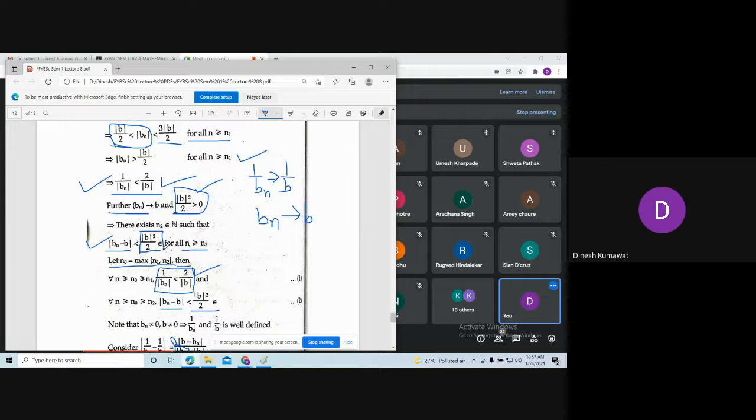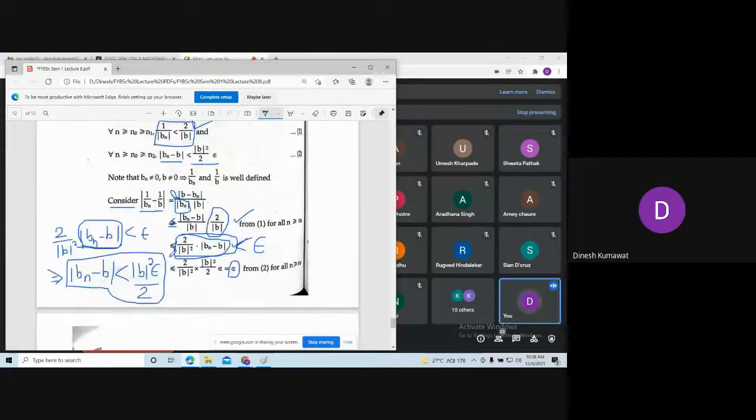Okay, now we will fill that blank space. Is that clear? Yes, sir. Okay, so in this way you are going to fill that blank space at the end. So now you can see why we are choosing this to be epsilon, because after choosing it we can cancel this mod b square and we can cancel this 2.